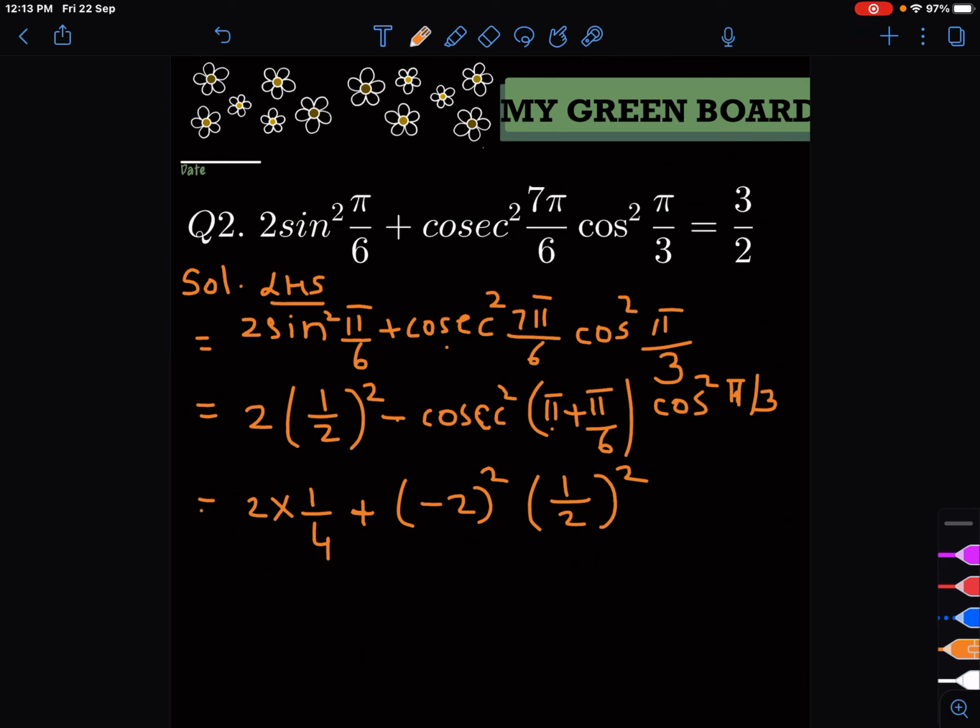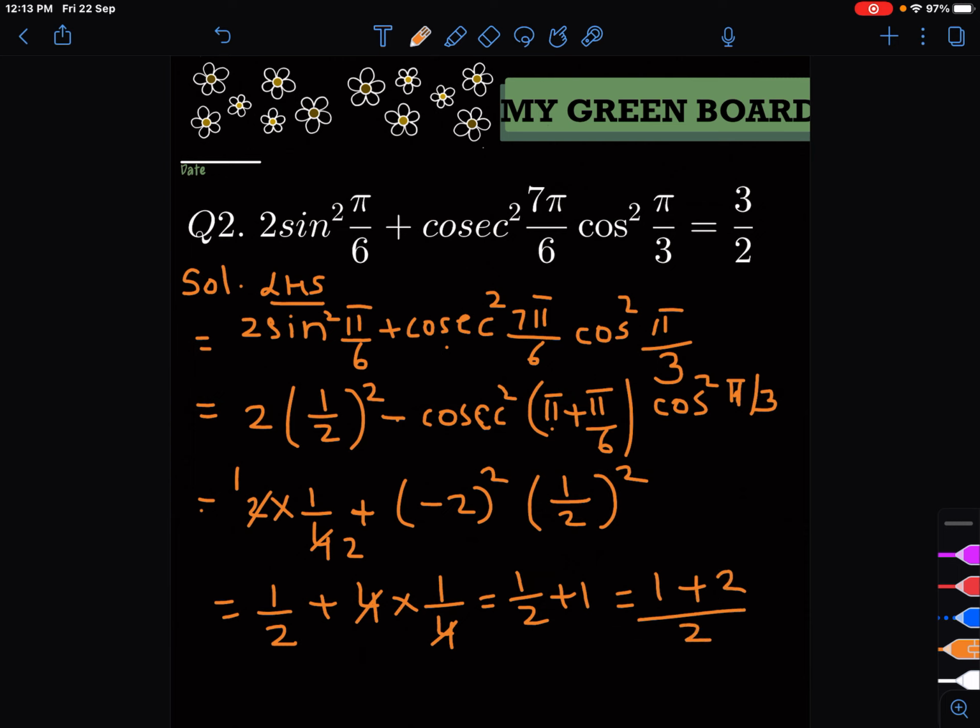Now just cut this. Now we will be getting the answer like 1 by 2 plus 4 into 1 by 4. This 4 gets cancelled. Now what we are getting is 1 by 2 plus 1, which will be 1 plus 2 by 2, which will be 3 by 2, which is your RHS.